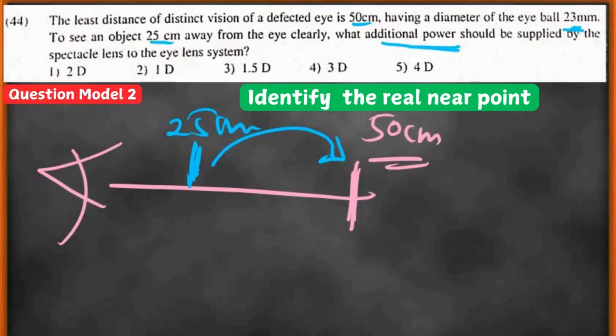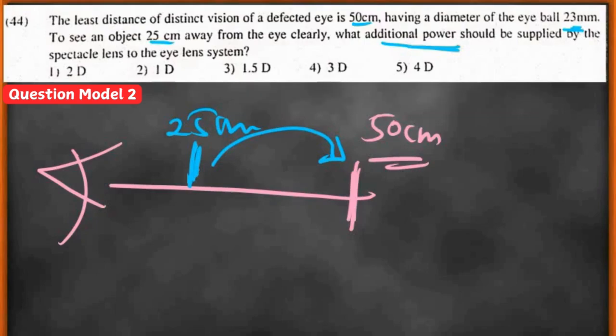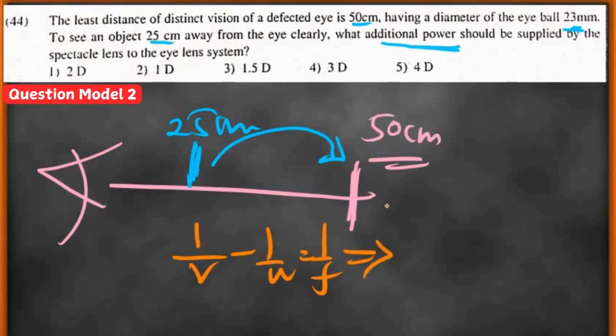So when applying the equation, the image distance is at the near point: 1 over v minus 1 over u equals 1 over f. So the image distance has to be 50: minus 1 over 50, minus 1 over 25 equals 1 over f.